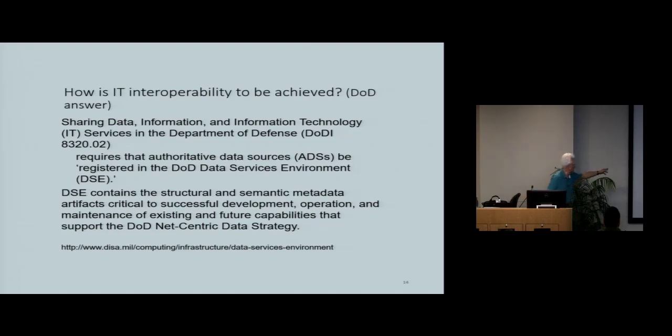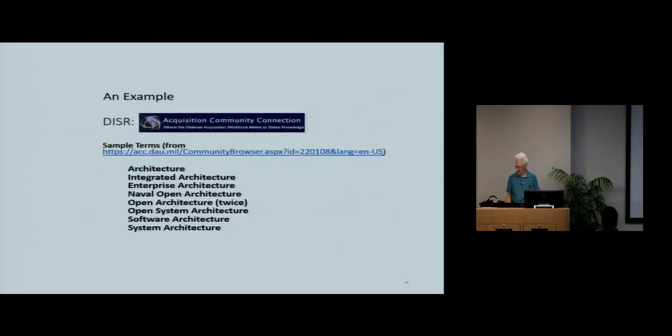And then they give, so DSE contains the structural and semantic metadata artifacts critical to successful, and so on. That's what they say. So let's see how it works. This is one example of an ontology, I guess you could call it, which is included in the DSE. And so it must be good.